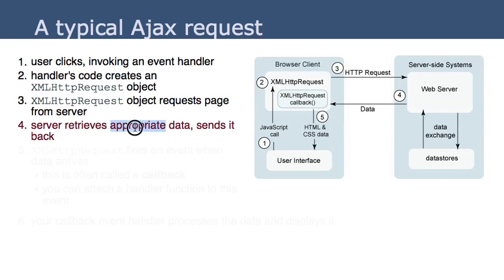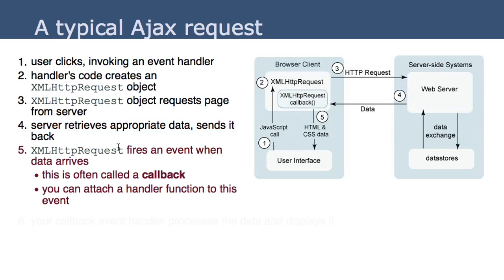The server processes and retrieves the appropriate data, sends it back, and then the XHR object fires an event that you can respond to when the data comes back. So you sort of in advance set up, you say, when the data comes back, run this function and give the data to this function. So this is often called a callback function.